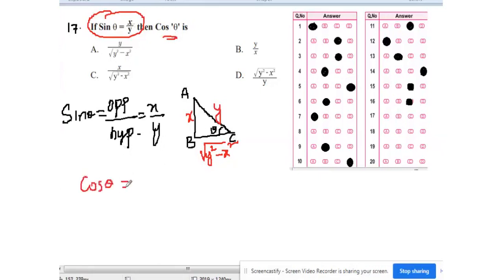So what is the formula for cos theta, students? Yes, it is adjacent side by hypotenuse. Adjacent to theta is root over y square minus x square and hypotenuse is y. So the correct option for this question is D, root over y square minus x square by y. So I am going to shade option D for 17th question.